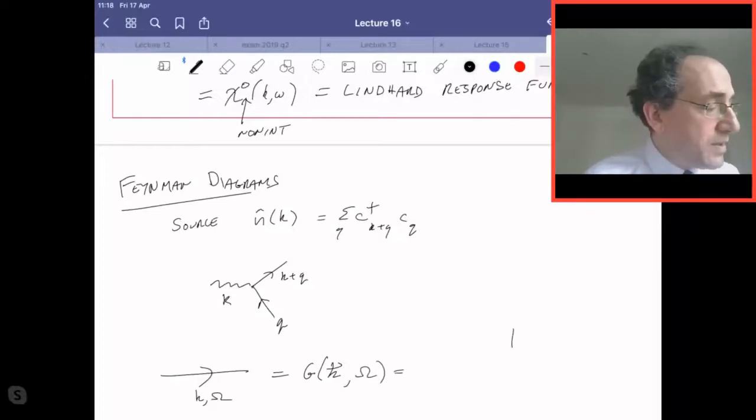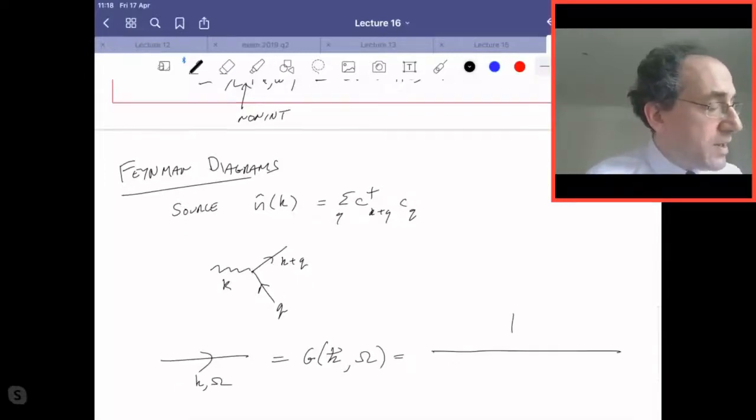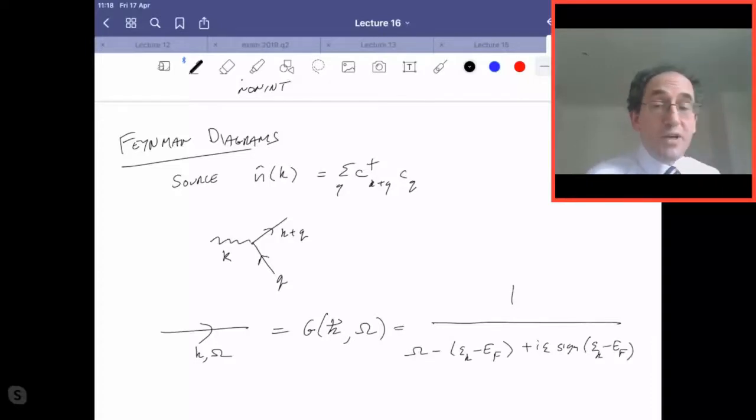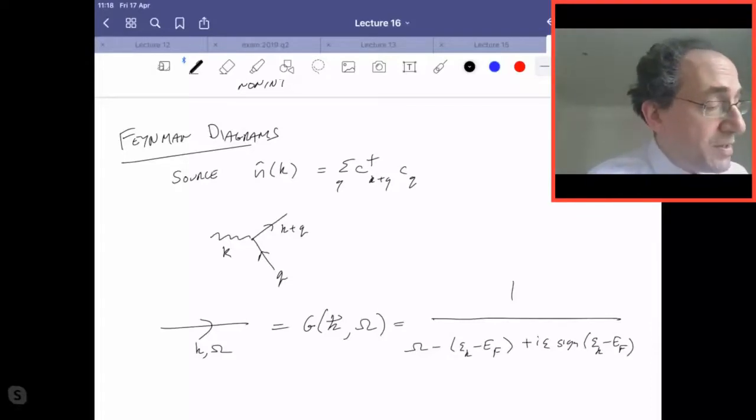It is 1 over omega plus i epsilon sign of epsilon k minus epsilon F. If you're not familiar with these Green's function techniques, don't worry about it.